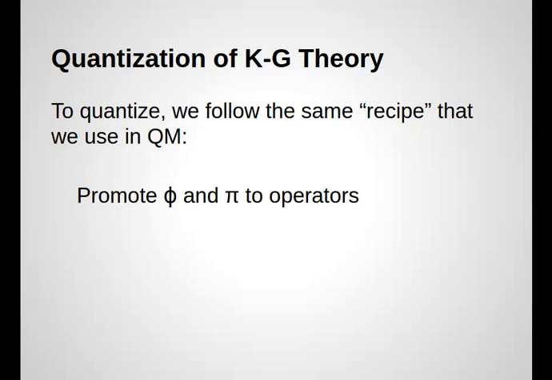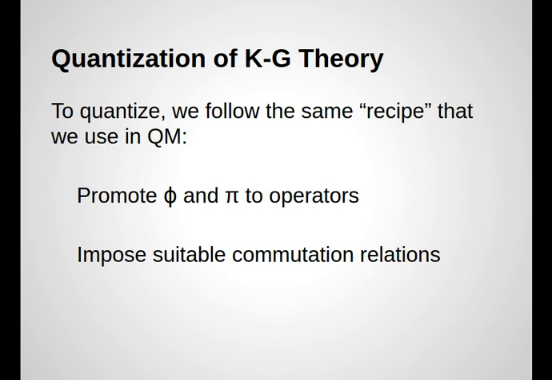Just like if we were starting with the harmonic oscillator, we write down the Hamiltonian classically, and then we promote any dynamical variables or observables to operators, right? So x and p, in this case, the field and the conjugate momentum. Then once we've done that, we impose some suitable commutation relations, something analogous to the commutator between x and p being i h bar, right?